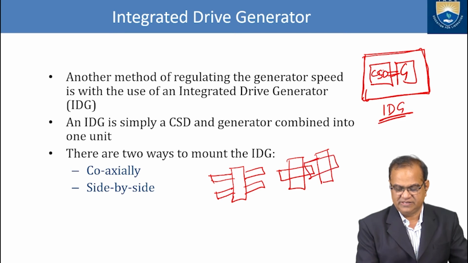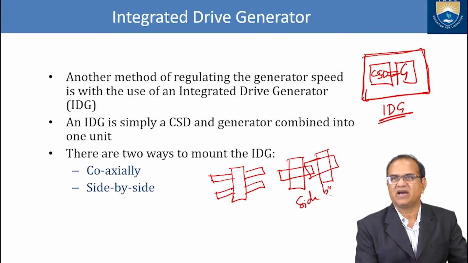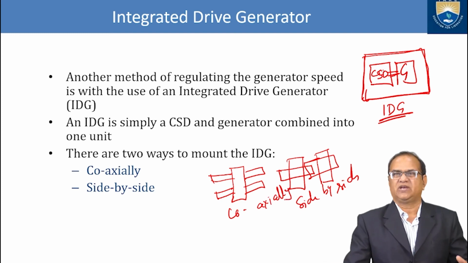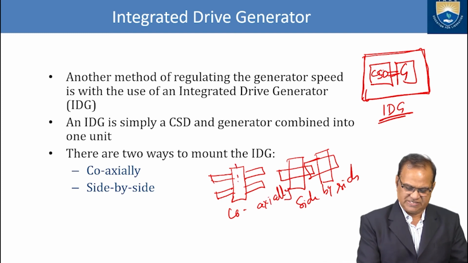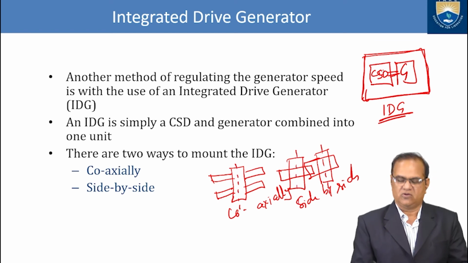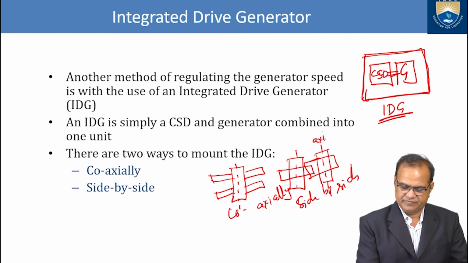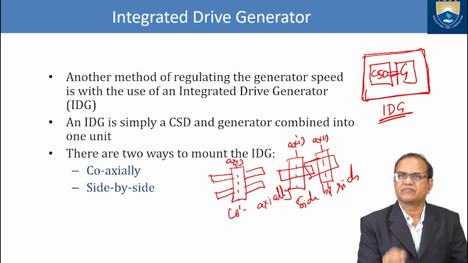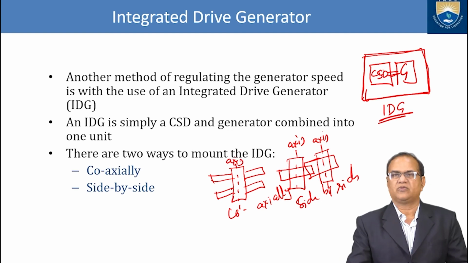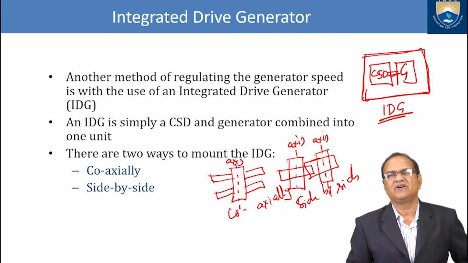This is called side by side, and this is called coaxially. Okay, so this is the mounting, and this is the axis. Here we have the two axes. So we have two types of mounting in this type of system.